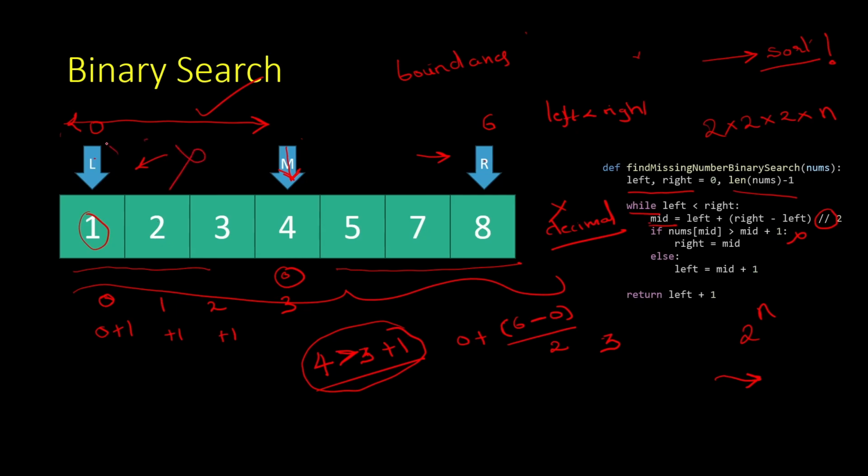So our left will be moving from here to here, right? Because we have already checked that till this point there is no issue. So left will be here. That's what the code represents: left is equal to mid plus 1, that is 3 plus 1, at the fourth index. So that's where the left will move.